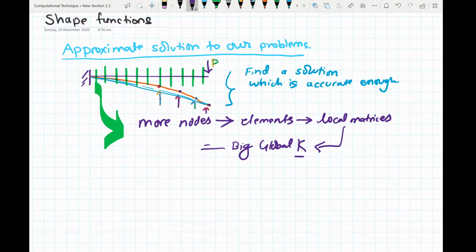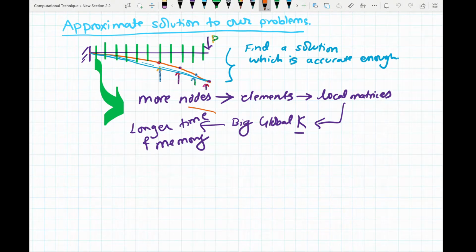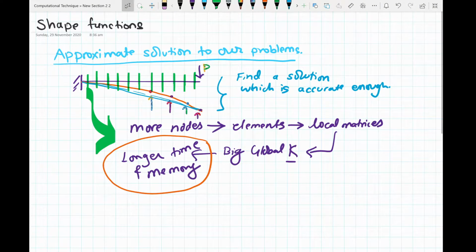Now if you want to solve this, it's going to take a longer time, and memory as well. Therefore, we generally have to find a balance between this and our accuracy, and this is where the concept of the shape functions arise.